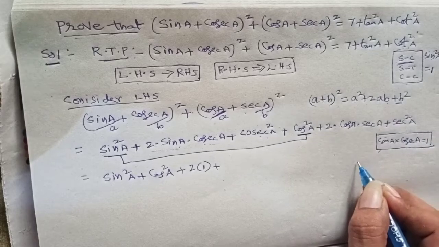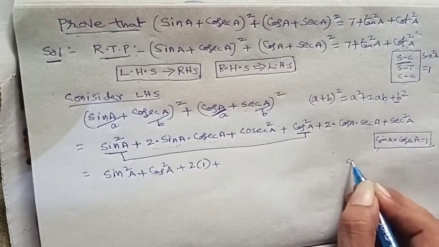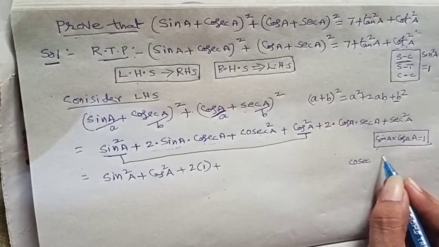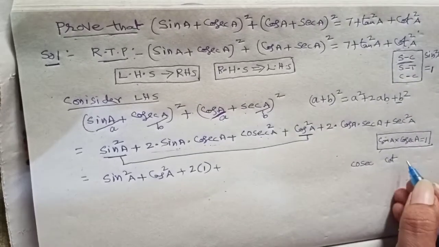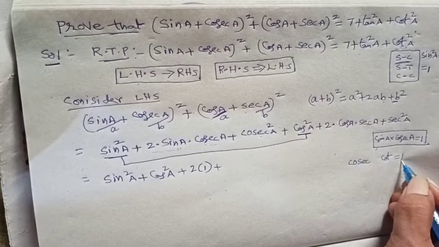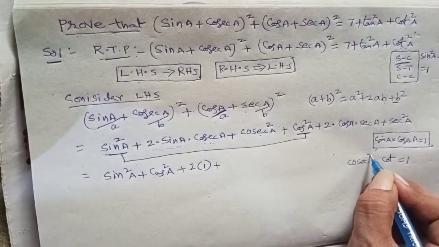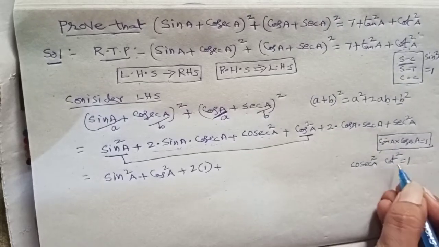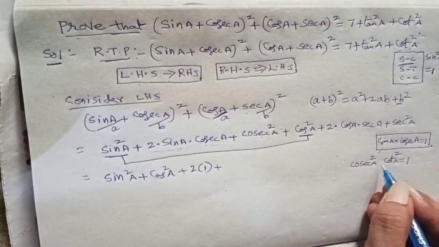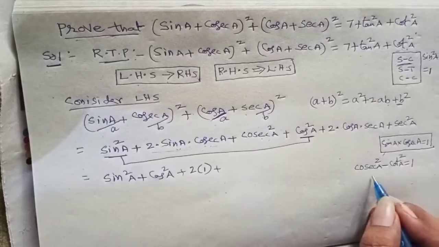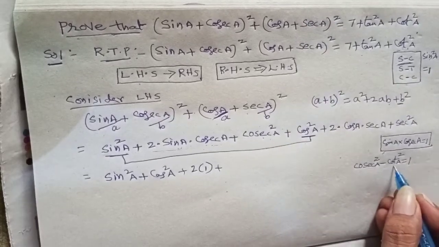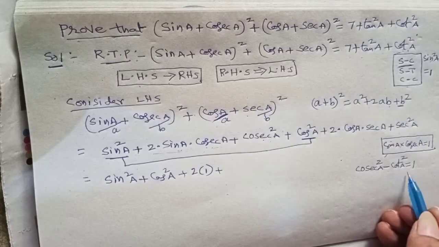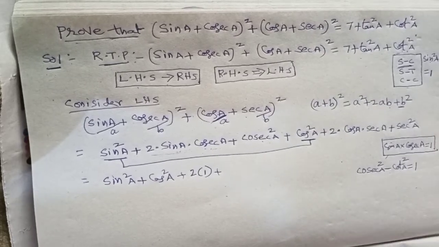How can you write the CC identity according to this shortcut? First you have to write down all the ratios. The first one is cosecant, the second one is cot. Every identity is equal to 1, and every ratio should be squared. Then write down the angle A here also. Then you subtract. Therefore, cosecant square A minus cot square A is equal to 1. You have to write the identities by using a shortcut like this.